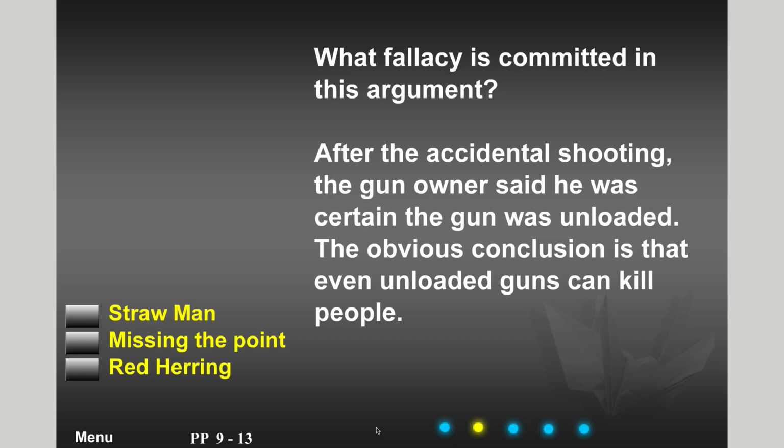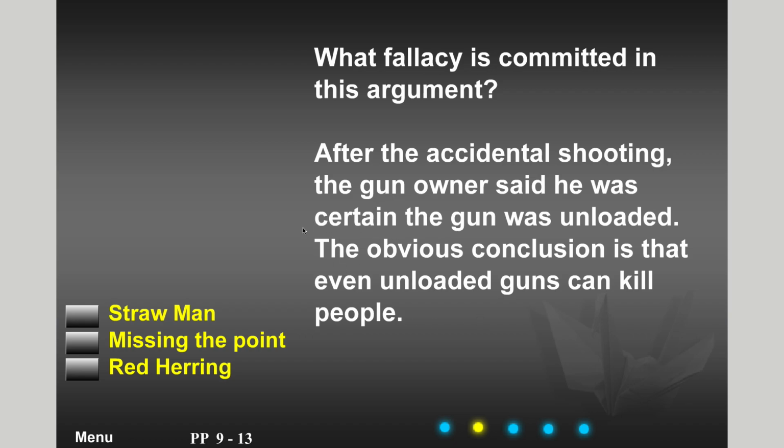So after the accidental shooting, the gun owner said he was certain the gun was unloaded. The obvious conclusion is that even unloaded guns can kill people. Right? Obviously, this misses the point. Why?